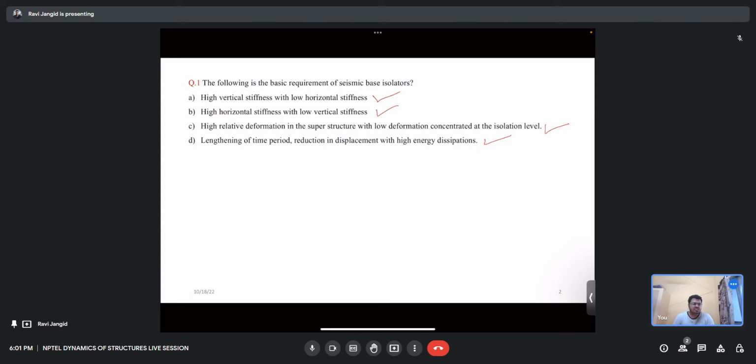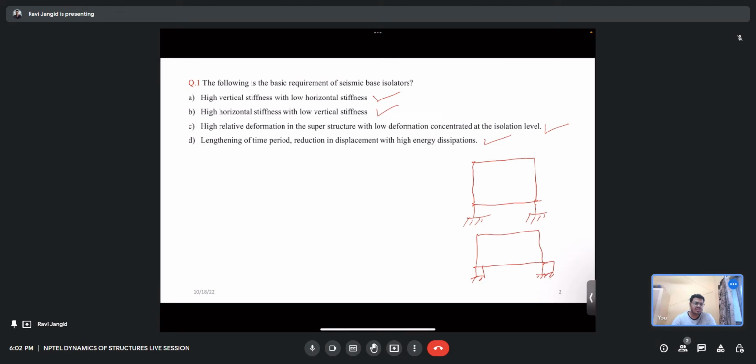Suppose I have a structure which is fixed base, and another structure with a seismic isolator. What does the seismic isolator do?